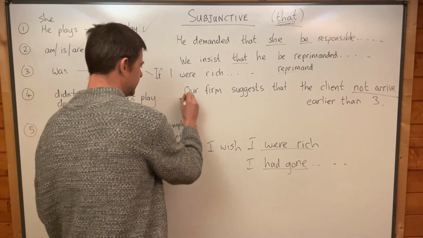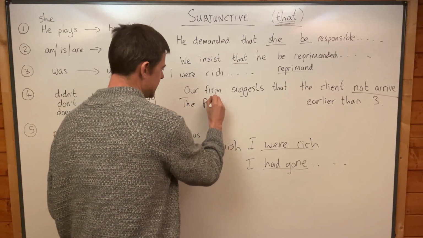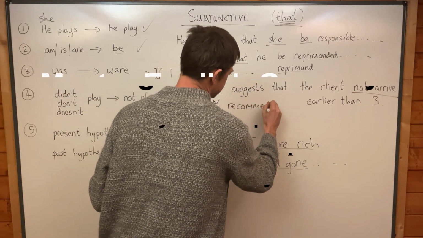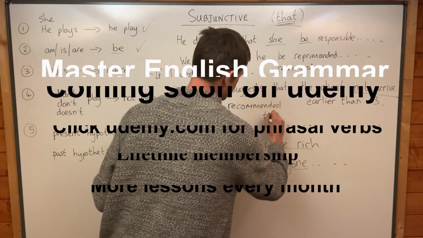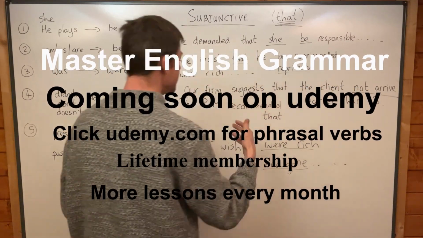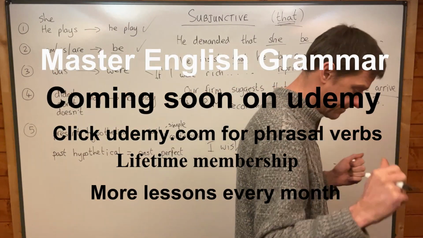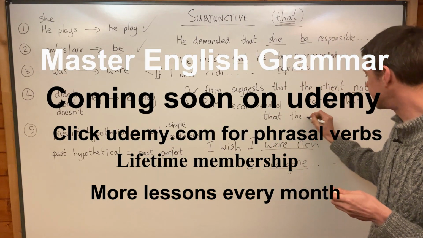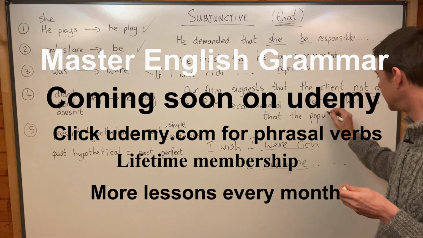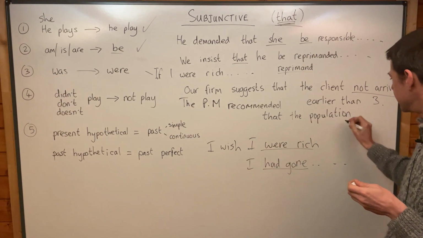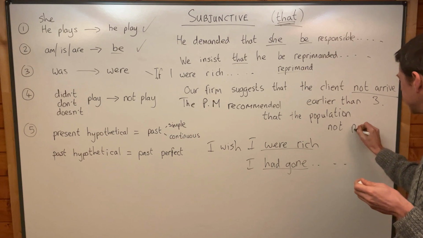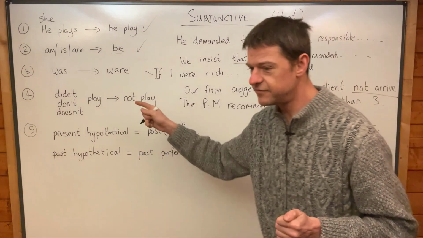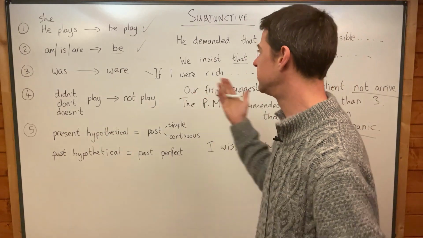How about the Prime Minister, the PM recommended that, and I can think of some terrible things that he recommended. The PM recommended that, I don't know, that the population not panic. Very unlikely from our PM, but the population not panic. Look at that, just not panic. And so this is number 4. This is what I wanted to show you, some examples with number 4.